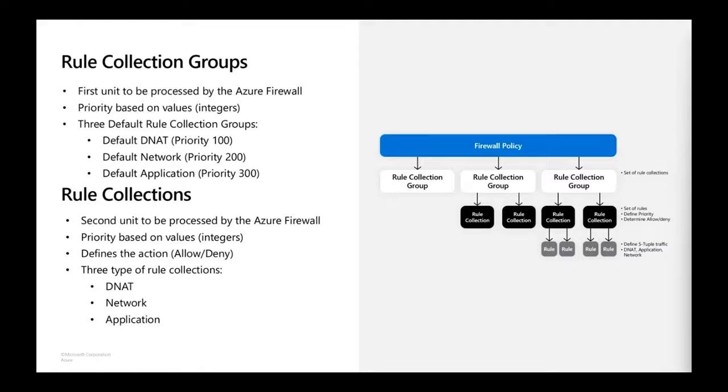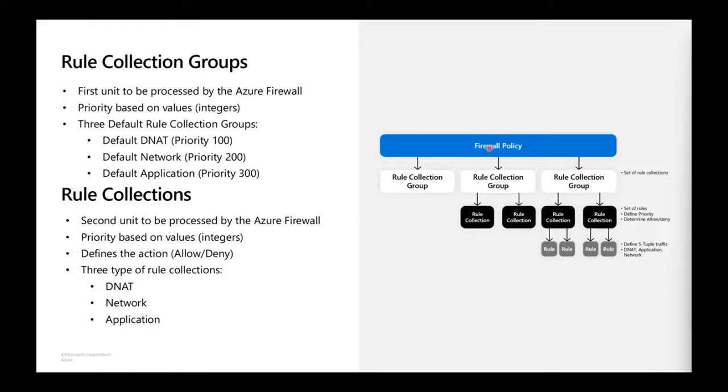The rule collections must have a defined action, either allow or deny, and a priority value. The defined action applies to all the rules within the rule collection, and the priority value determines the order the rule collections are going to be processed. The rule types must match their parent rule collection category. For example, a DNAT rule can only be part of a DNAT rule collection.